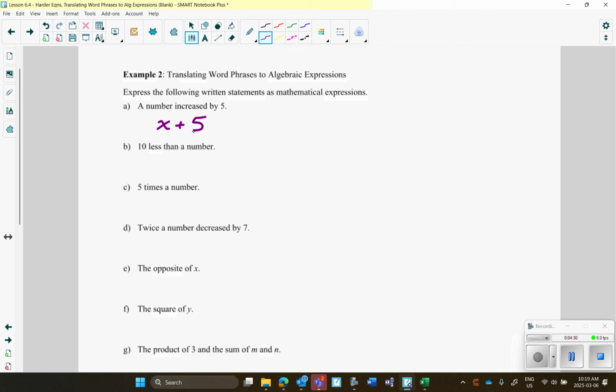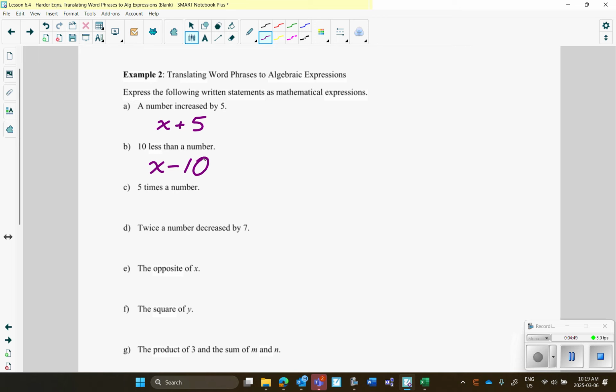What is 10 less than 20? 10. What is 10 less than 25? So what do I keep doing every time? I'm subtracting 10. I don't do 10 subtract, I do subtract 10. So it's got to look like this.